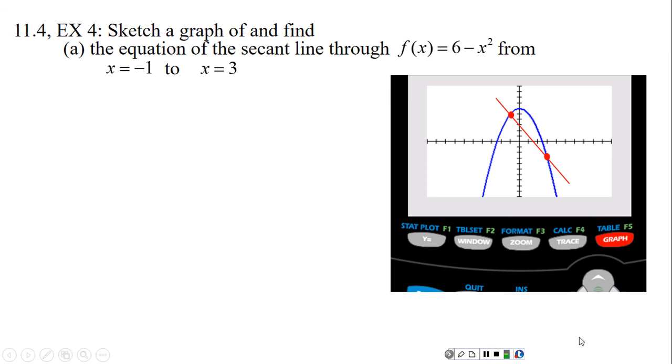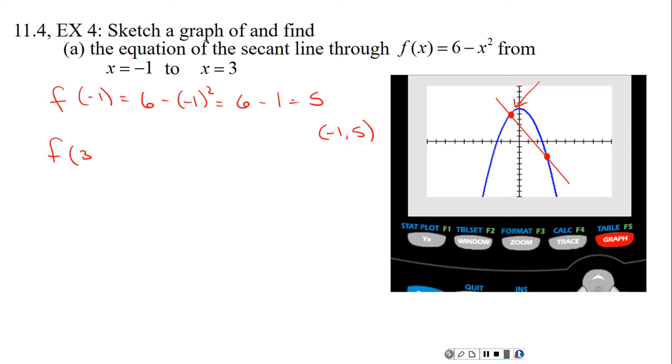All right. So finding our y values by hand here. If I did f of -1, it'd be 6 minus -1 squared, which is 6 minus 1, which is 5. And so my first point is going to be -1, 5, which I have plotted right there. F of 3, 6 minus 3 squared, would be 6 minus 9, which is -3.